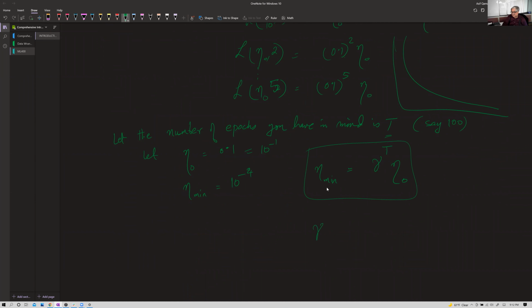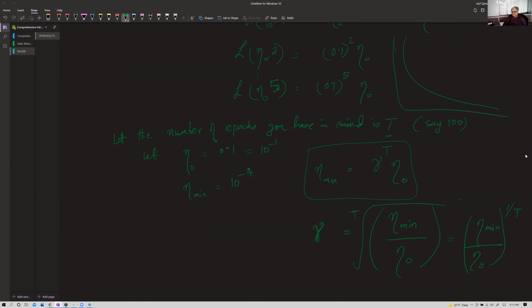What is gamma? Gamma is essentially eta min over eta naught, to the power 1 over T, or another common sense way people think of it is a Tth root. It is the same as eta min over eta naught to the power 1 by T. You agree with that, right? So you can now feed in the numbers and figure out what is a good gamma.